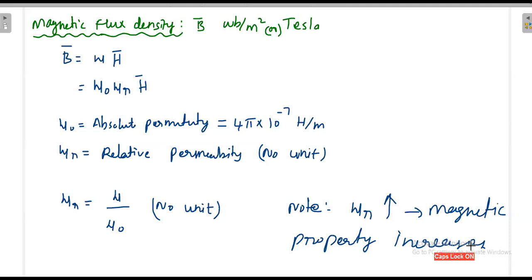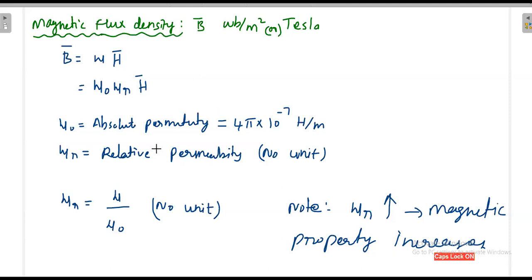Next, what is another meaning for permeability? Permeability means the ability to store magnetic energy. You know that if you provide a magnetic field to iron, it can store the magnetic energy. But for some other materials, for example plastic, they cannot store the magnetic energy.